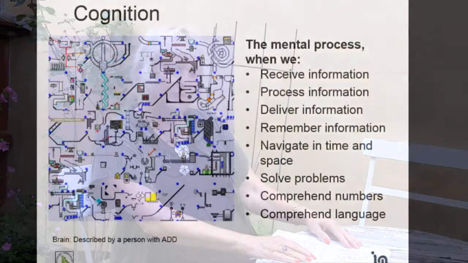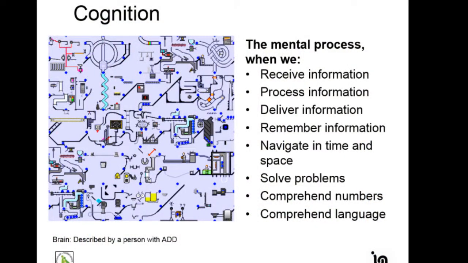Talking about cognition, we say that it is a mental process when we receive information, process the information, and decide how to use it. We use our memory to store, retrieve, and use experiences and skills.